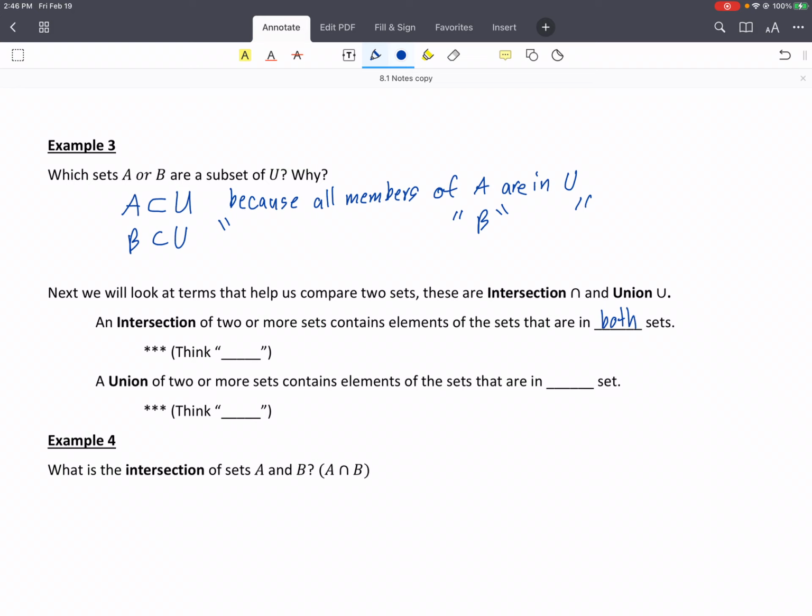Or think "and." So we want to look at what elements of this set are in both of them. So remember our sets: A was equal to the odd numbers, so we had 1, 3, 5, 7, and 9. And B was 1 through 5.